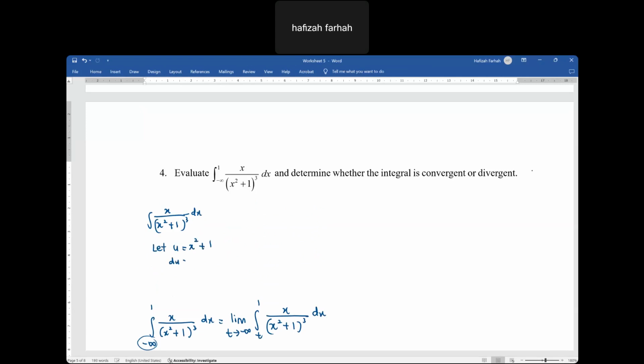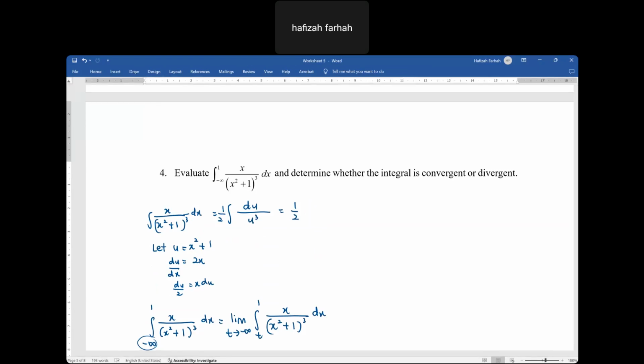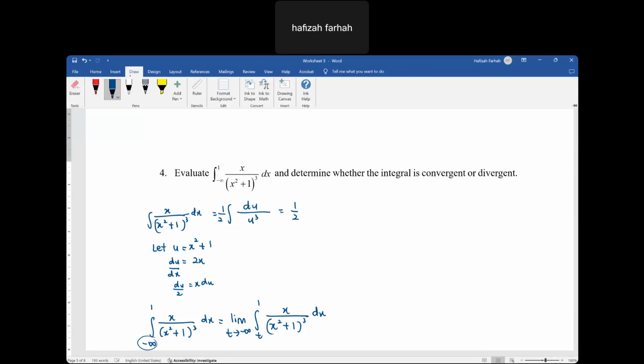So du will be 2x dx. Your du over 2 will be x dx. So now it will be du over 2 over u cubed. So 1 over 2u cubed is u to the power of -3, so this is just a normal integration.